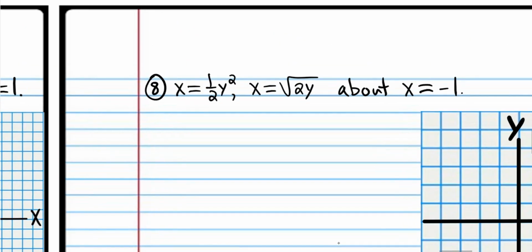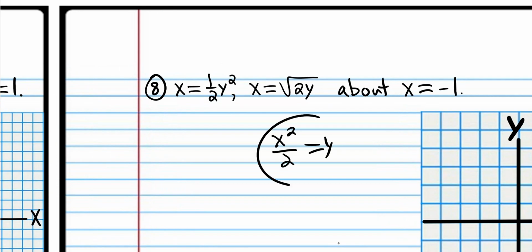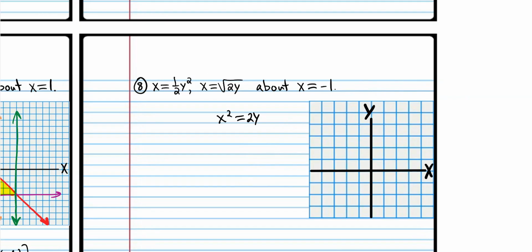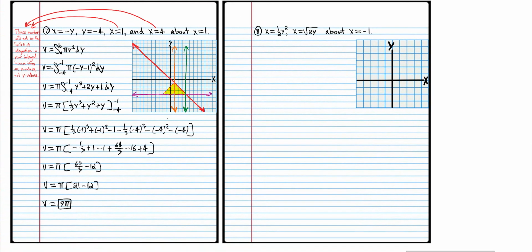If you square both sides and divide by 2, you can see it's actually going to be a parabola. But because we don't have a plus or minus symbol in front of this root, that means that only one side of the parabola is going to be graphed, and it's the side where x is equal to a positive number. So go ahead and try number 8. When you come back, we'll do it together.